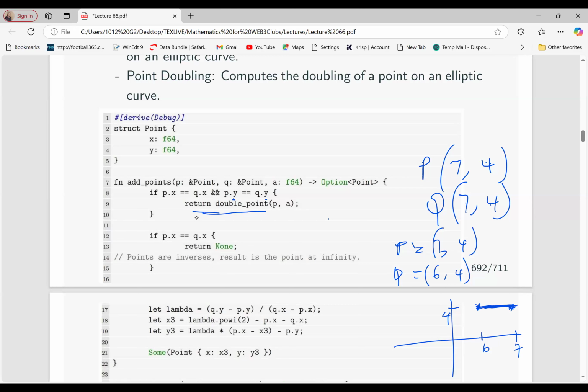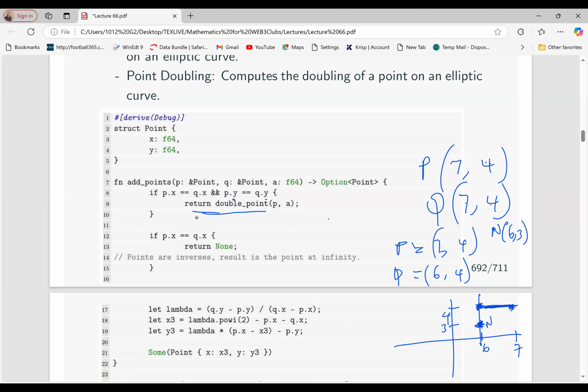Where the problem is, is where they lie on the same vertical line. For instance, supposing I had 6, 3. So if N is 6, 3, then 6, 3 is here, and P is here.